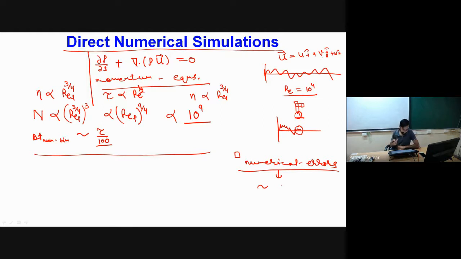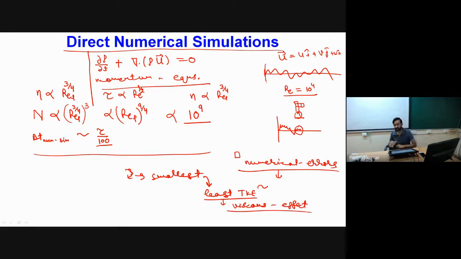Okay, another important point I would like to highlight here: as we have seen from the energy budget earlier, the smallest eddies are the ones which have the least turbulent kinetic energy. Okay, these have the least TKE. So it means for the smallest eddies, viscous effects are dominant, and because of the viscous effects, viscous dissipation takes place for the smallest eddies.